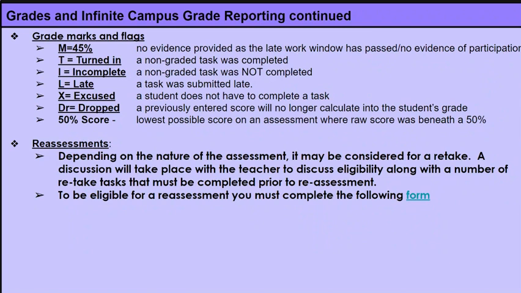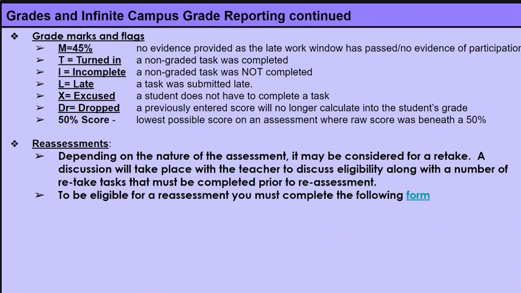And if a student does not turn in the assignment a week after the due date, then that 45% will be permanent in Infinite Campus. Also notice that 50% is the lowest possible score. If a student receives a 50%, it is a failing grade, so they did turn it in, but they did not pass that assignment.